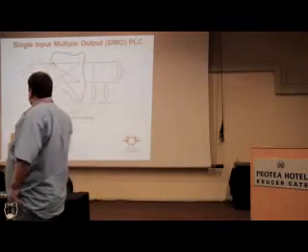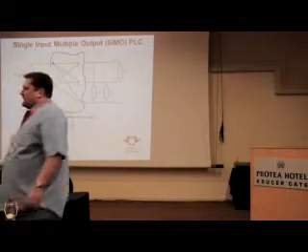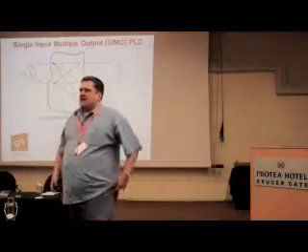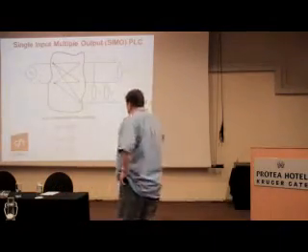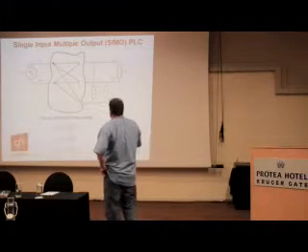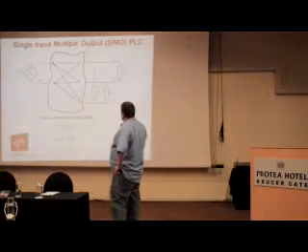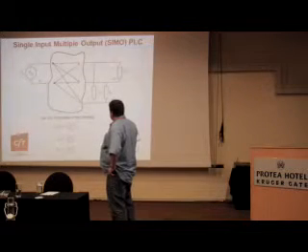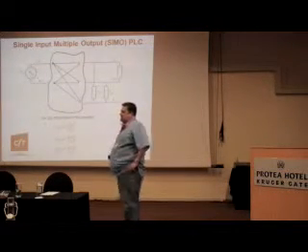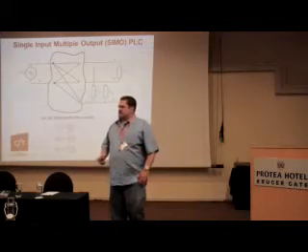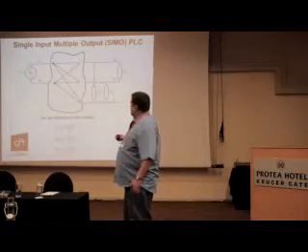This is the little graph that you usually see in the information network books. There's a SIMO, single input multiple output, PLC system or channel between the live and the neutral of the power lines, and then there's always a little cloud.